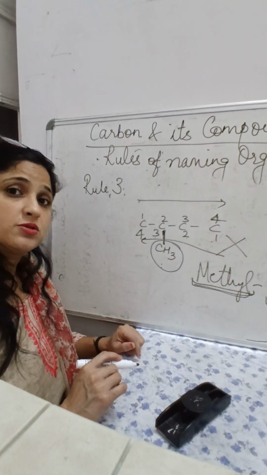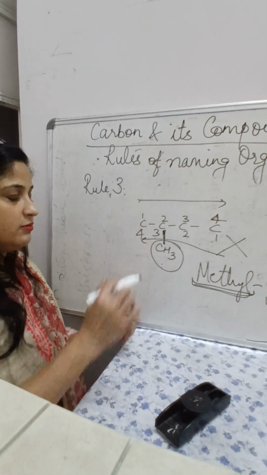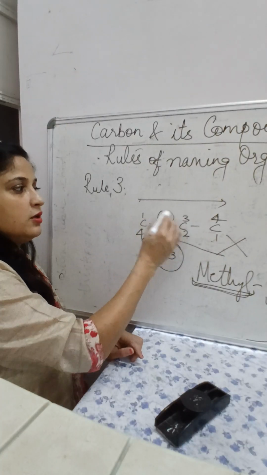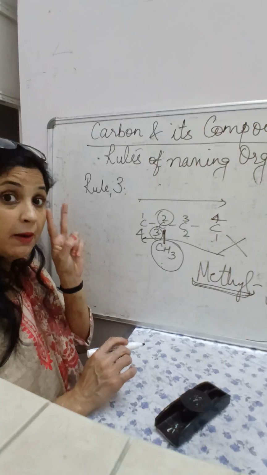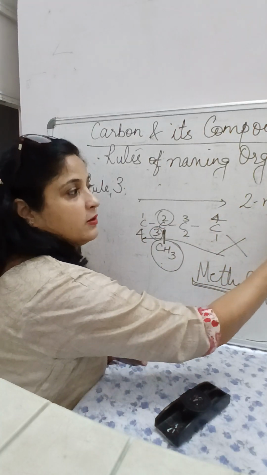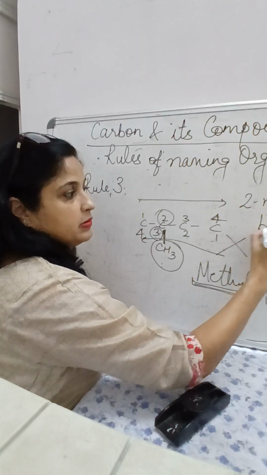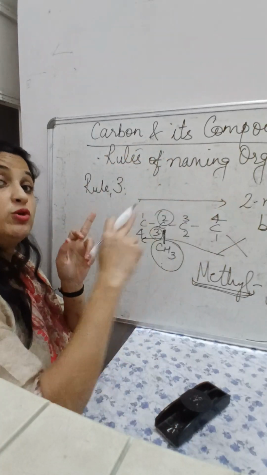So which will I choose? There is one second carbon, and from the other numbering it gives me third. So I told you that you have to take the shortest possible numbering. So it will be 2-methyl butane. Why not 3-methyl butane? Because the number 3 is higher.